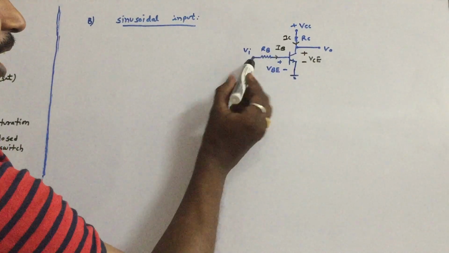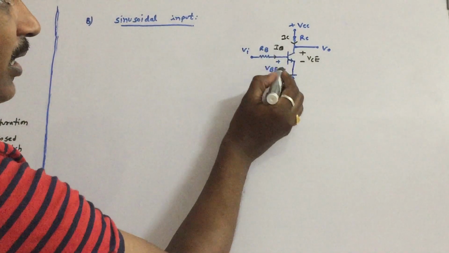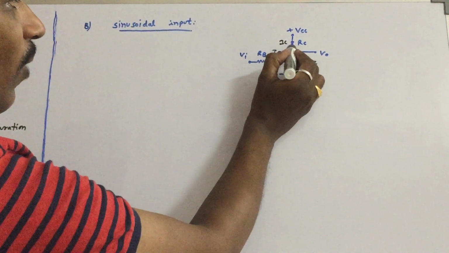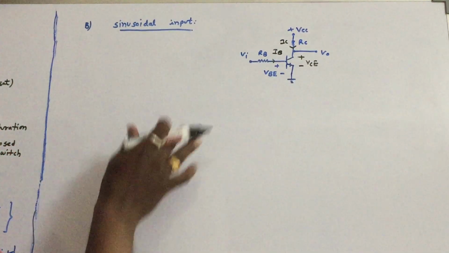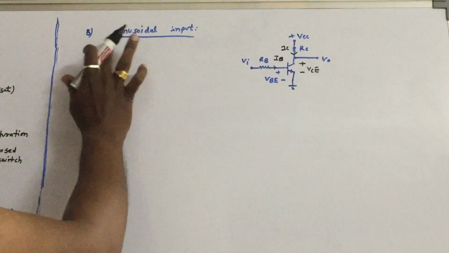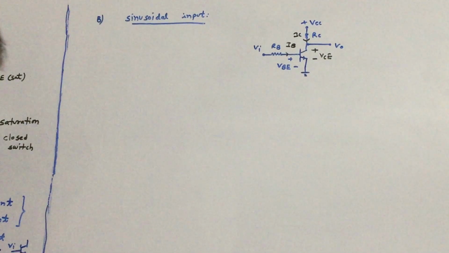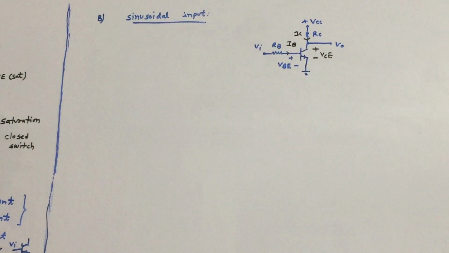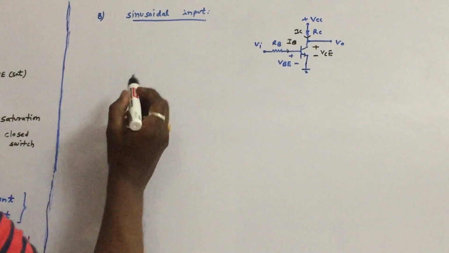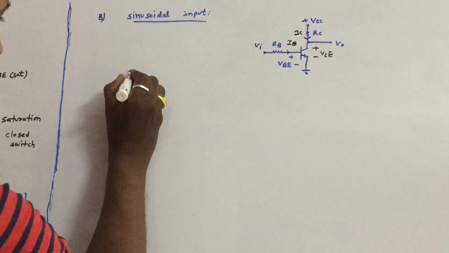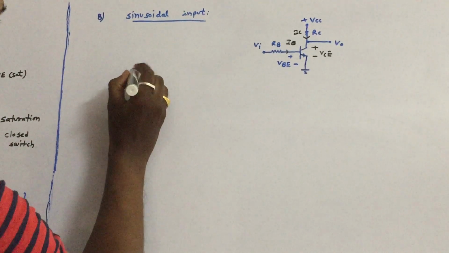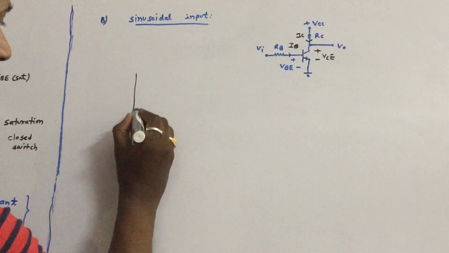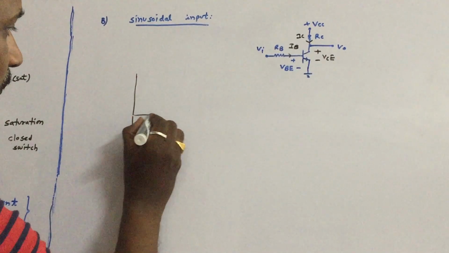So we have to draw 4 waveforms when a sinusoidal input is applied to this clipper circuit. Remember that we are using it as a clipper circuit. Let us draw these diagrams very carefully, because the operation is based on cutoff and saturation conditions.